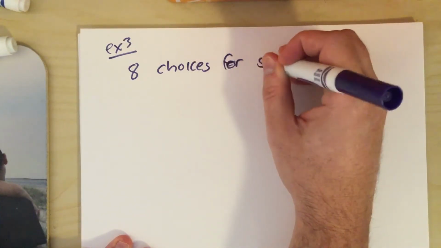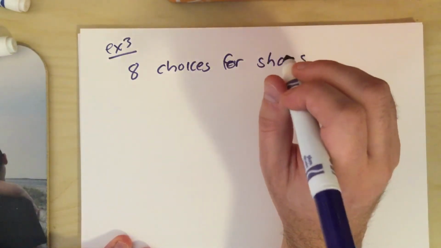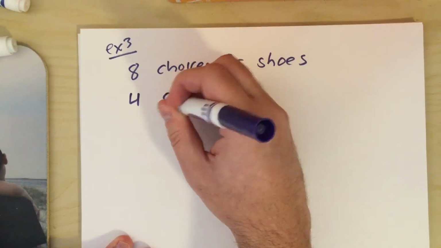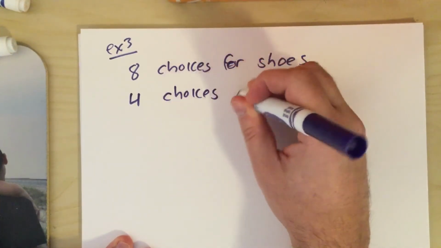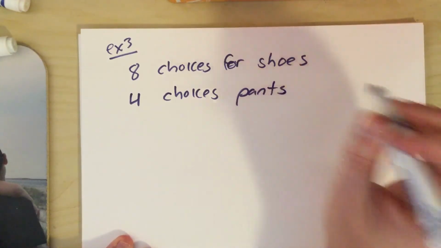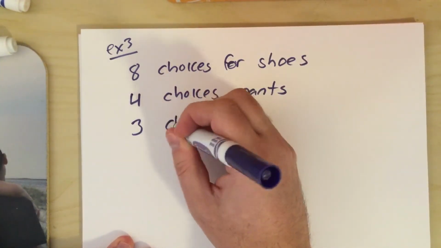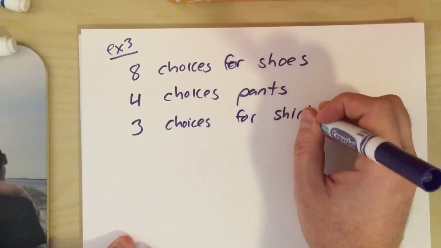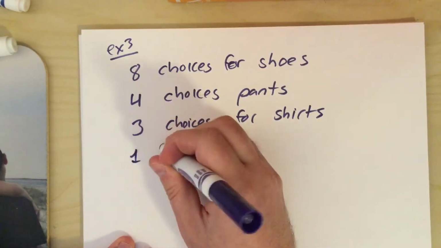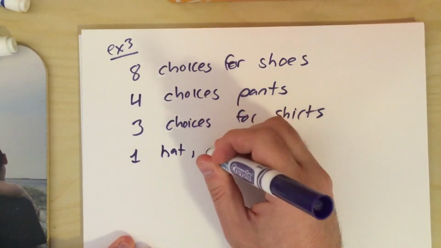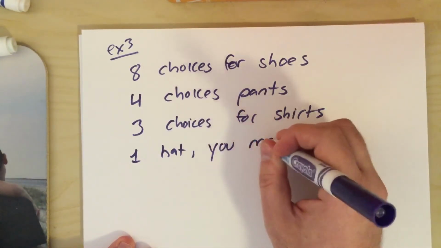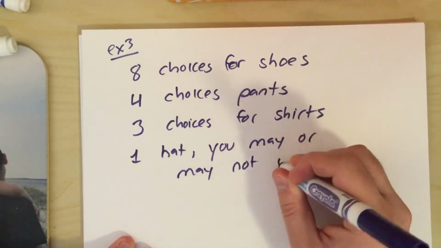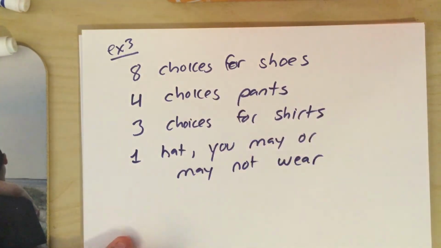So many options, maybe just different colors. 4 choices for pants. 3 choices for shirts. And 1 hat that you may or may not wear, depending on how you're feeling.